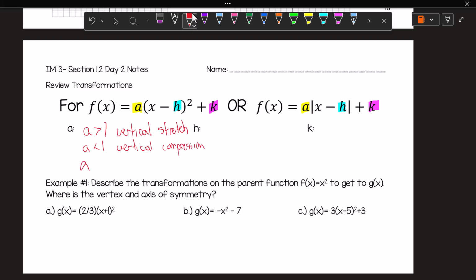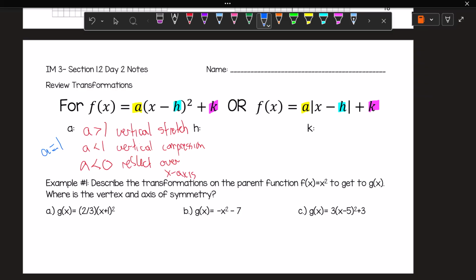And if a is less than 0, meaning negative, you reflect over the x-axis. So there's a lot going on with that first number. If you don't see a number, what number is it actually? 1. So that's our default.